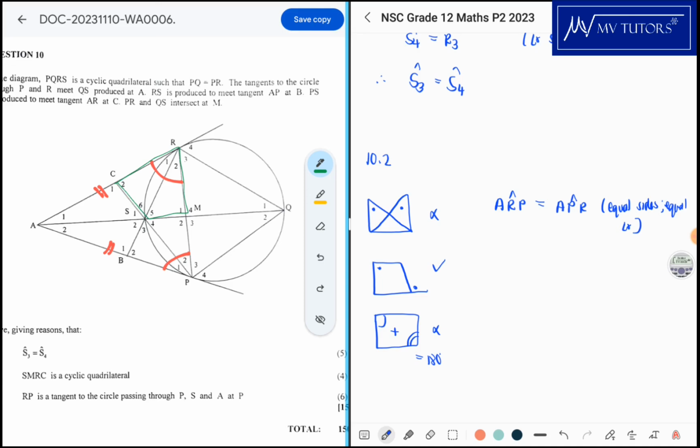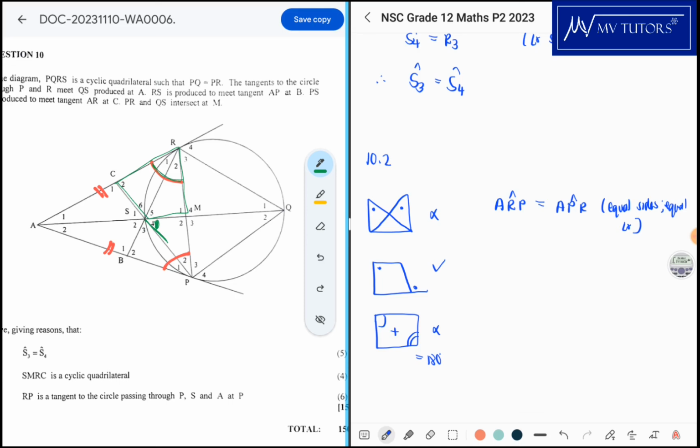What would be equal to R in the cyclic quad? Basically I would have to then show that S4 is equal to R.